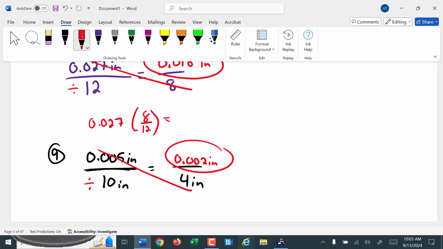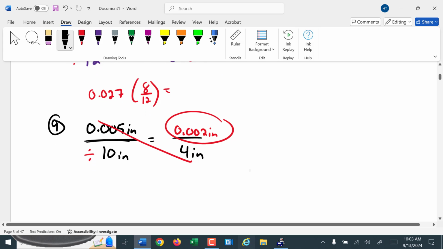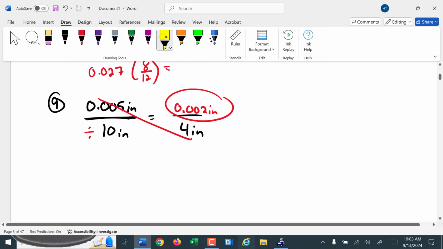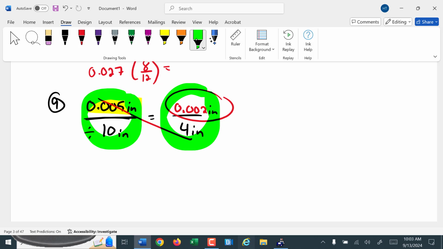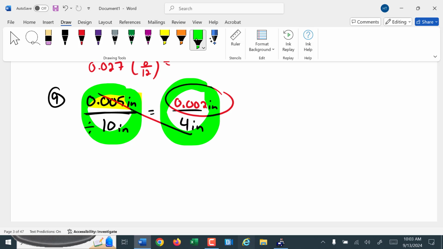Is that allowable angular gap? Everybody see where we got the 0.005 out of the table? Any questions on that? Then that is the rating for 10 inches, so we put it over 10. We need to find the rating for 4.